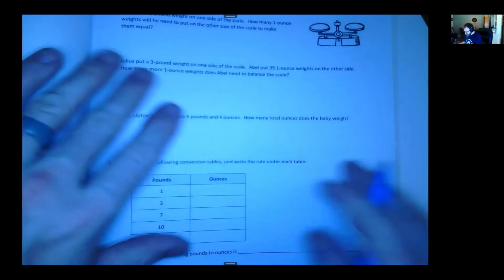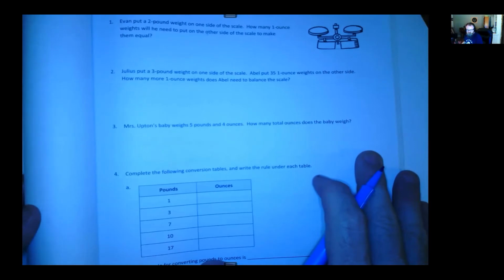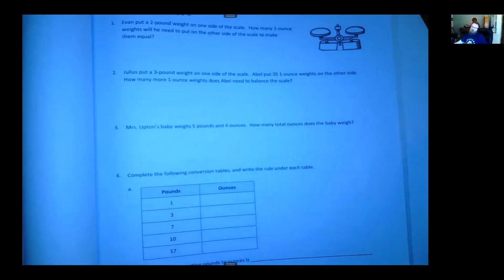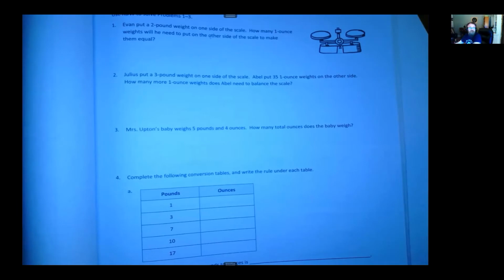And then you can turn to page 117. We're going to focus on some word problems, and we're going to use our equivalencies, our conversion charts that we just made to solve. Number 1 says that Evan put a 2-pound weight on one side of the scale.